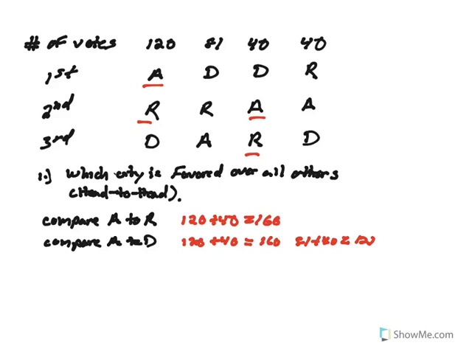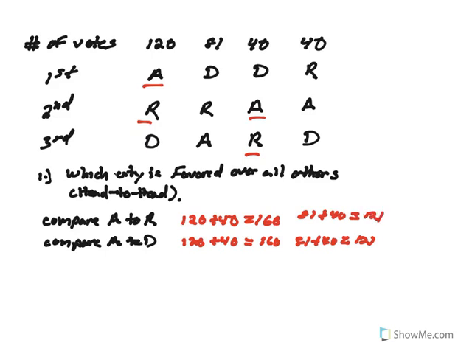All right, when we compare A to D, A is favored over D in the first and fourth columns, but D is favored over A in the second and third columns. So when you add 81 plus 40, you get 121 votes.